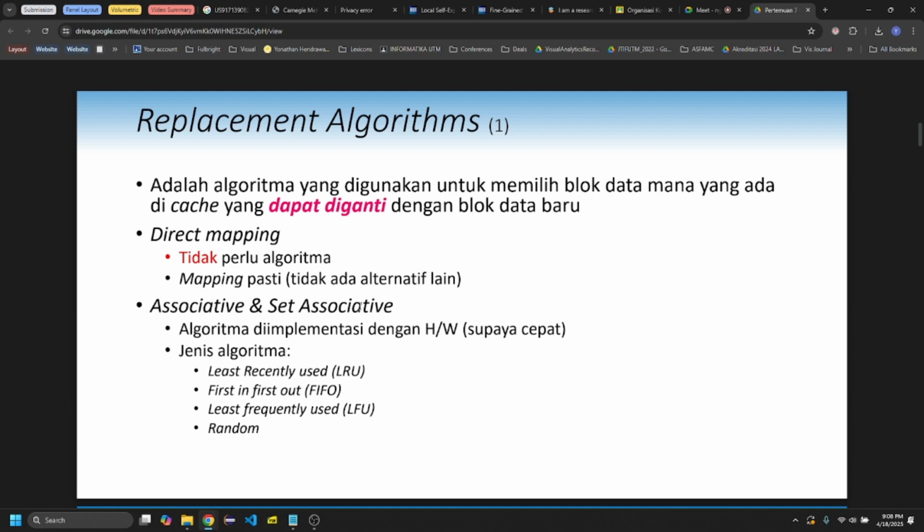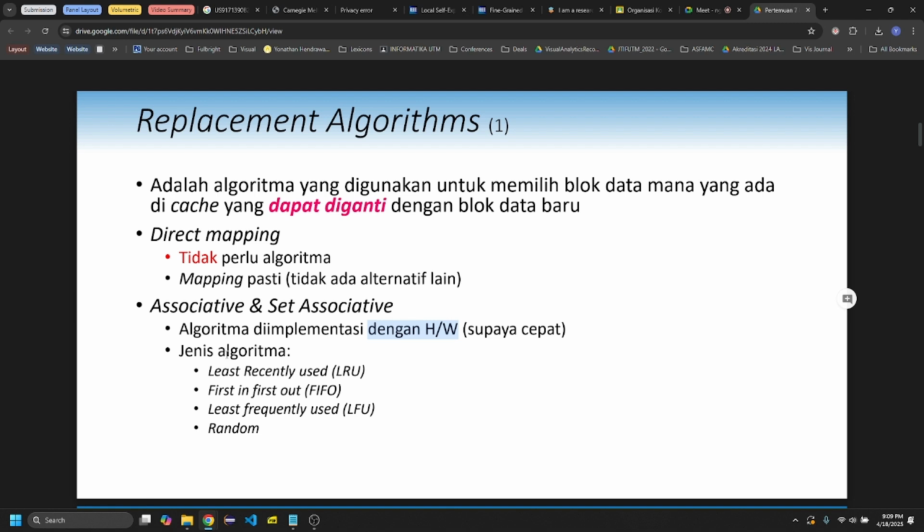The algorithm is implemented using hardware so that the replacement can happen fast. Otherwise, if it uses a software algorithm, it will take CPU time to calculate and set the procedure of replacement, so it will be really slow compared to hardware.